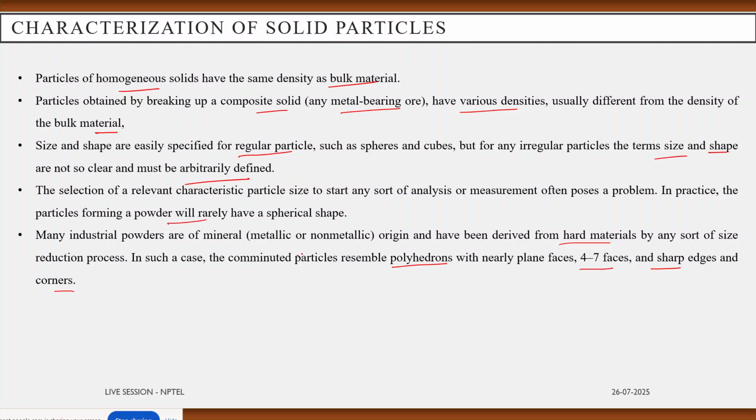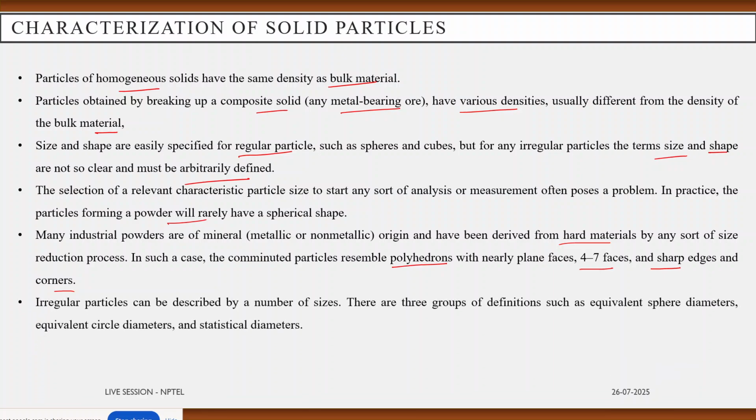This kind of real particle shape cannot be idealized as a spherical shape. So we need to define a certain characteristic size or shape so that we can calculate their properties in a real-case manner. The irregular shape particle can be described by a number of sizes.